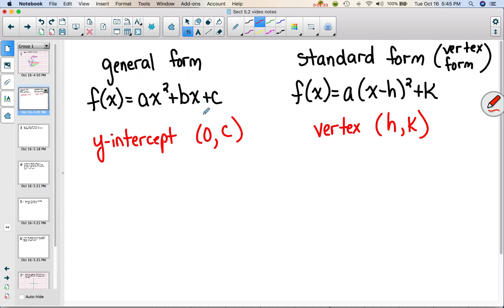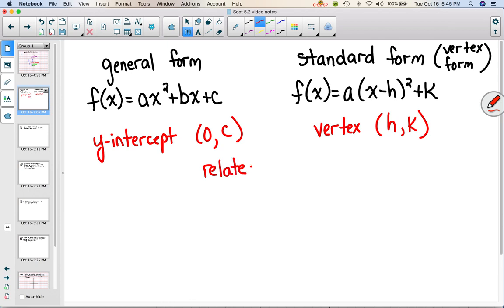With the general form, you would either be factoring or using the quadratic formula. If you do it with this format, then you would be using the square root property. Remember, we have that chart, 5 ways to solve quadratic equations, and depending on the format is how we would choose to solve it.